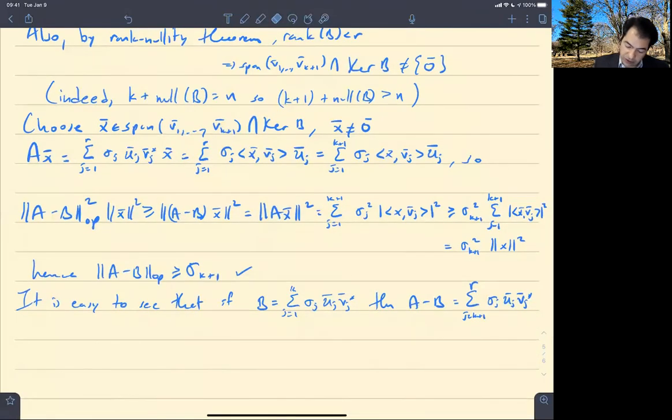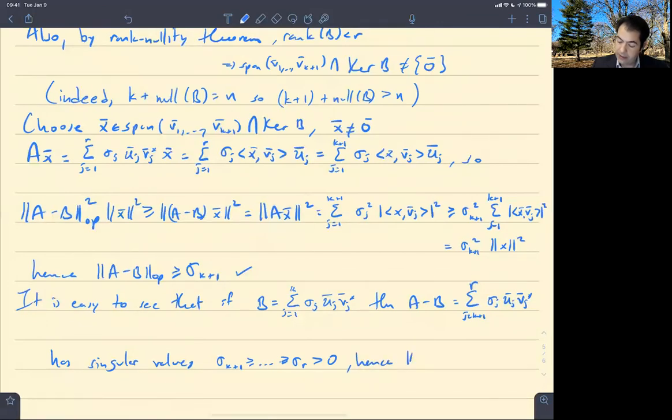And this has singular values sigma k plus 1 down to sigma r, strictly positive. Hence, the operator norm of the difference is equal to sigma k plus 1.